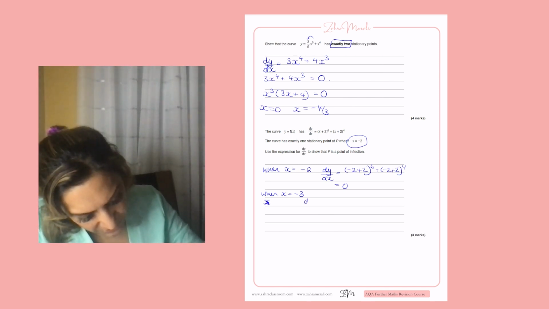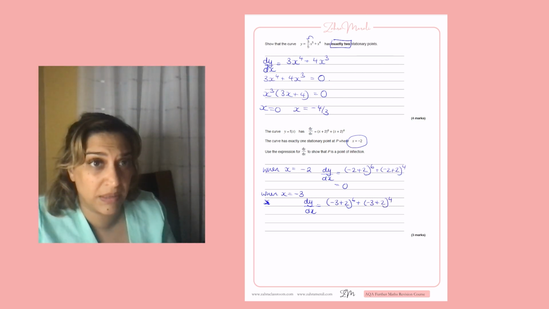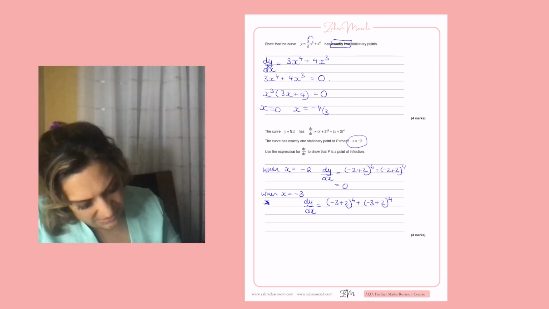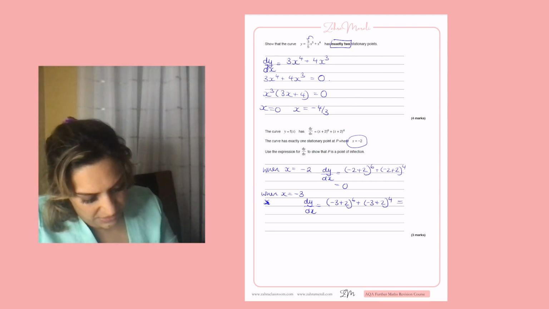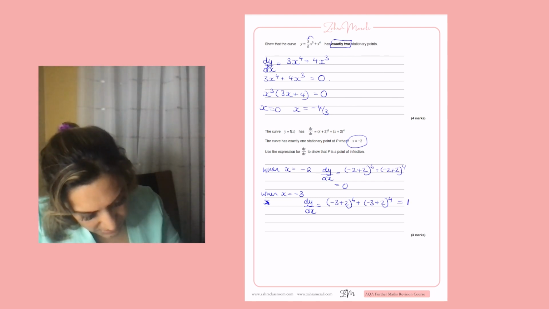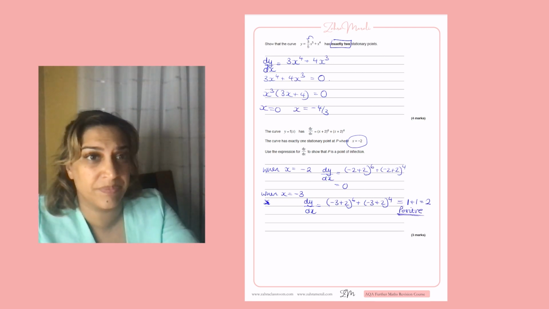When x = -3, dy/dx = (-3 + 2)^6 + (-3 + 2)^4. So we end up with (-1)^6, which is just 1, plus 1, which equals 2, which is positive. So the gradient to the left is positive.